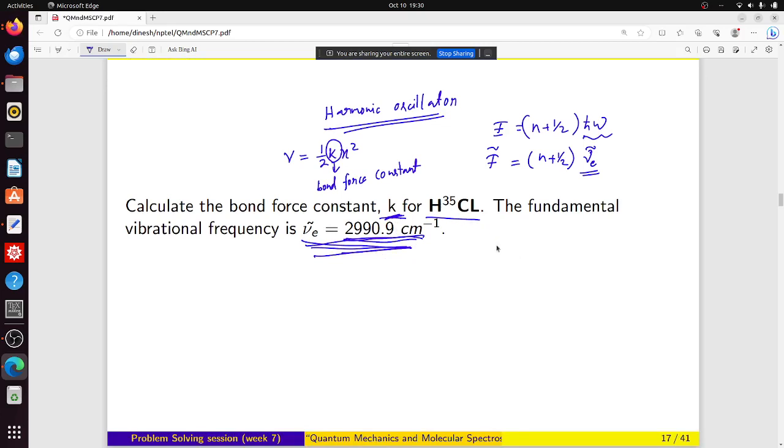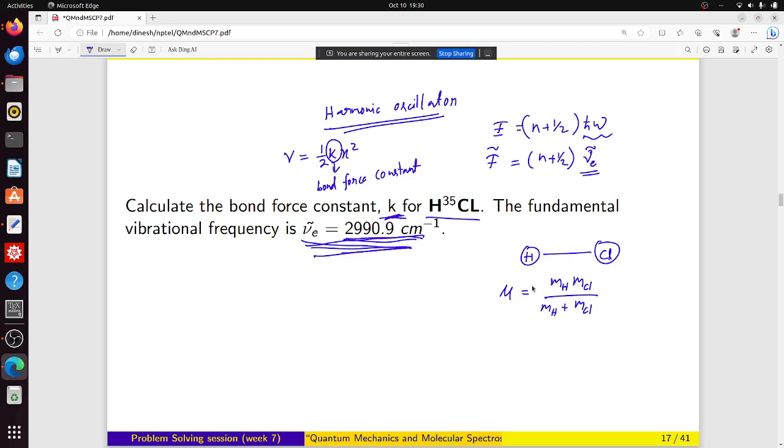Now what is given, the molecule is given to be HCl. Now you know the molecule, then you can calculate the reduced mass. It will be mass of hydrogen times mass of chlorine divided by mass of hydrogen plus mass of chlorine.